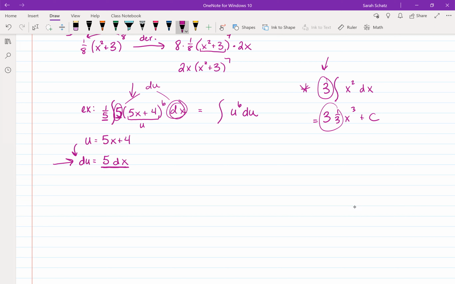So I put a 5 in there, and on the outside, I put the reciprocal of that, the 1/5, because when I multiply these two together, that's just 1, right? So I'm putting it in and canceling it out at the same time. And the reason I'm putting the 1/5 on the outside is because I don't need it inside. I only need the 5 inside, so I can have my complete du.